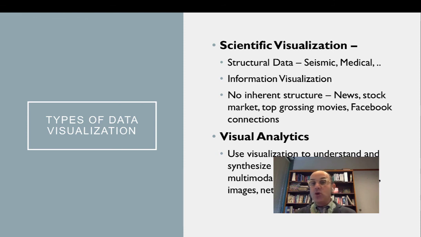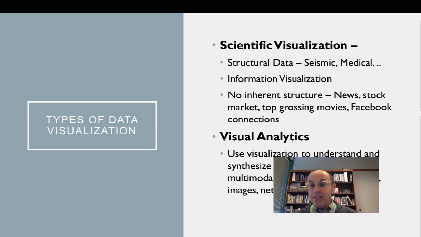We're going to see two types of visualization, scientific and visual analytics. Scientific visualization is structured data. It is information visualization. For example, the stock market or top grossing movies, all of it can be converted into scientific visualization.